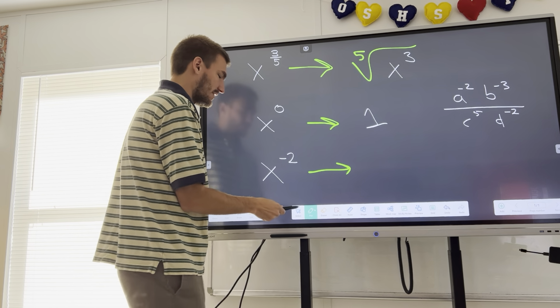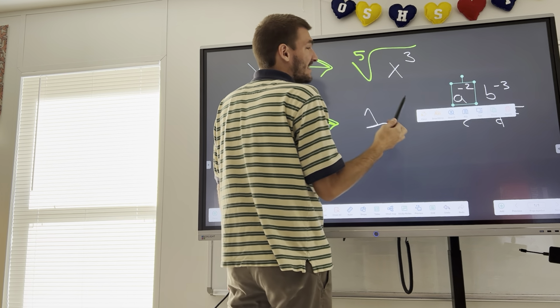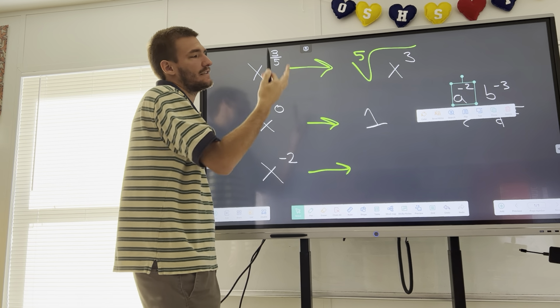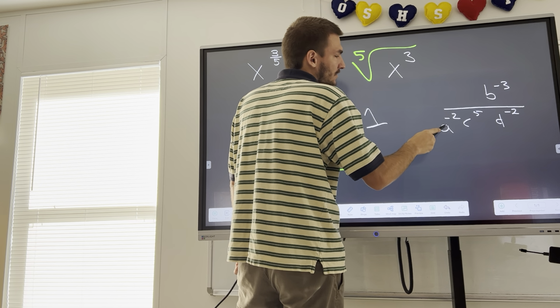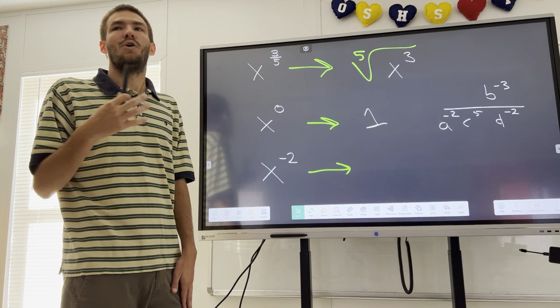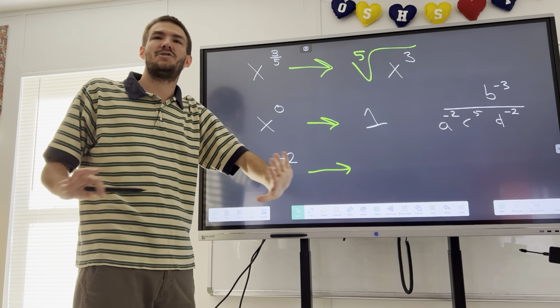So, for example, up top, this a to the -2 is an unhappy a squared because it's up there in the numerator. It wants to be downstairs. When I used to teach Algebra 1, it would be like, okay, there's a party, and upstairs it's a dance party, and downstairs it's a nice chill hangout, right?